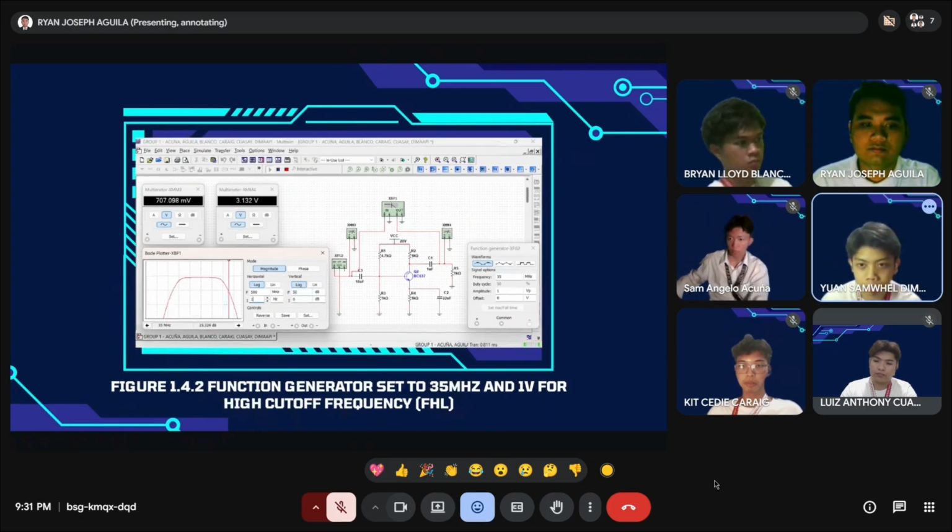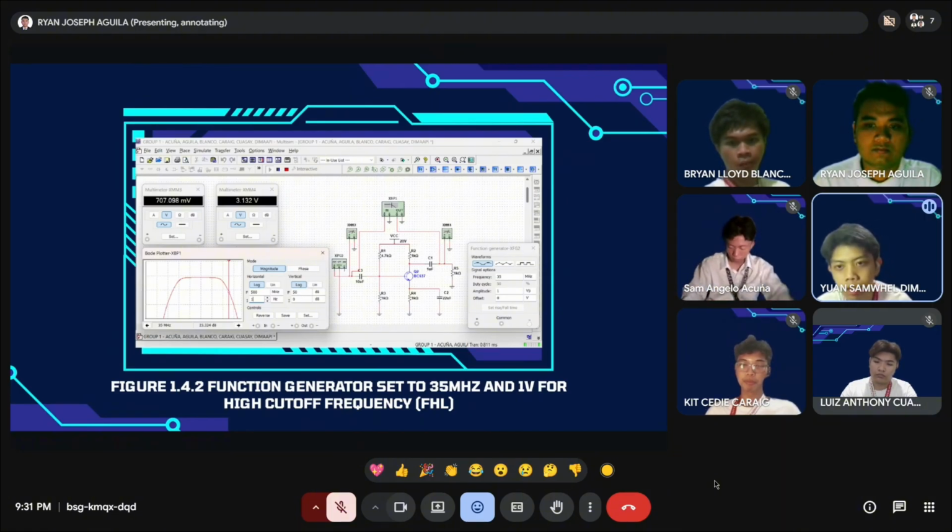Next slide, please. Then for the high cutoff frequency, changing the frequency to 35 megahertz also reaches the target output voltage of 3.13 volts. And then next slide, please.